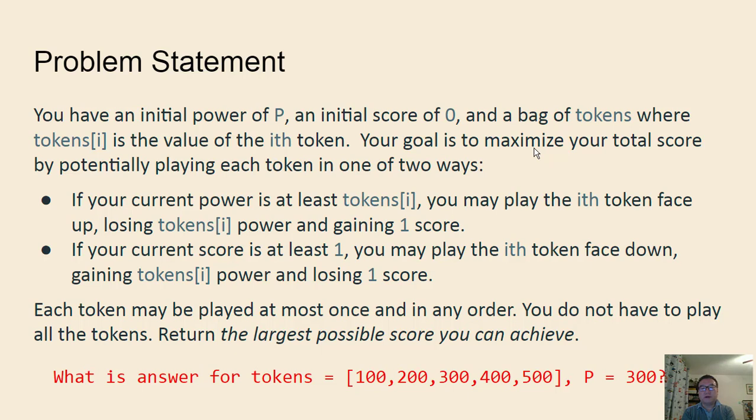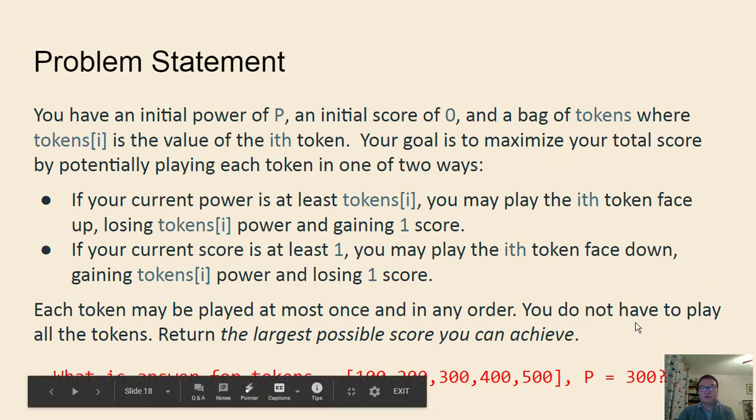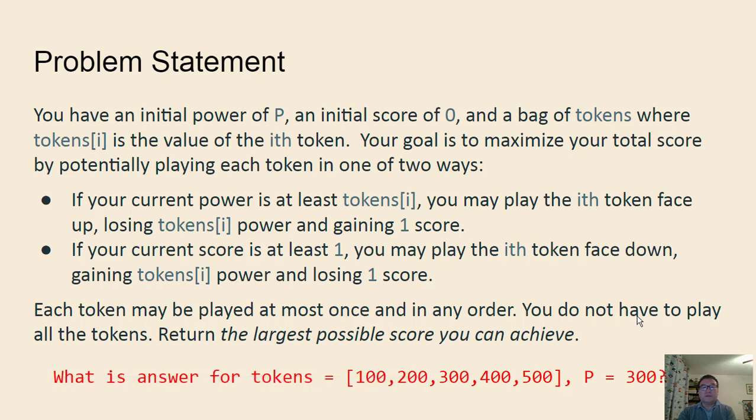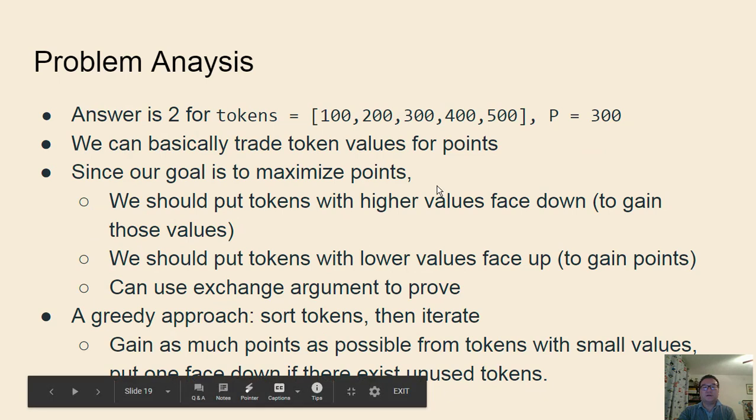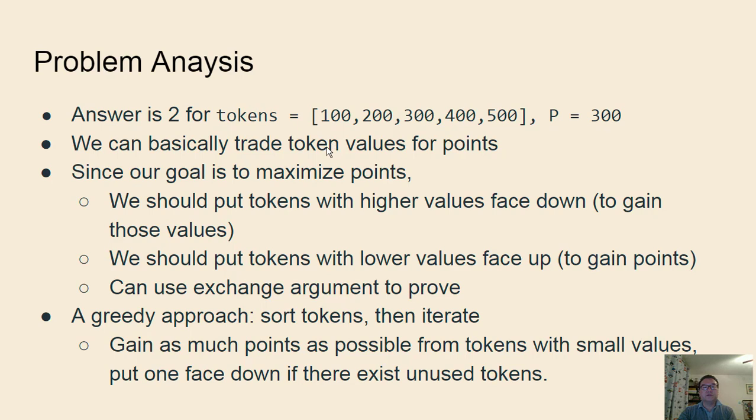So let's say we play the 500 face down, we gain power 500, and then we can play either of the other 2 tokens face up. So we gain an eventual score of 2, and then we have 1 token left that it doesn't help to play. We cannot play it face up, and playing it face down will only make it worse because that will lose one score. So for this input instance, the answer is 2.